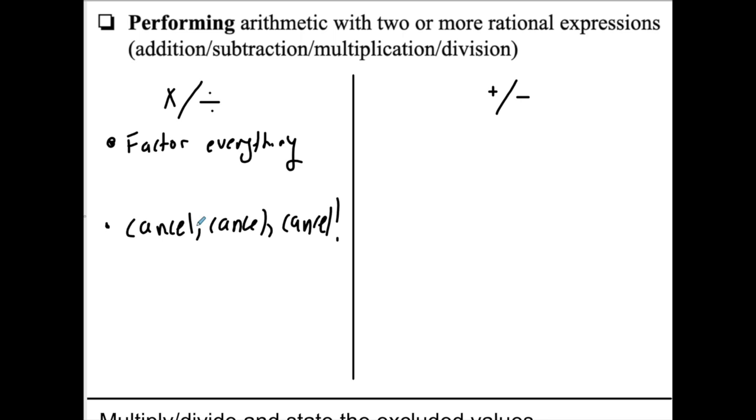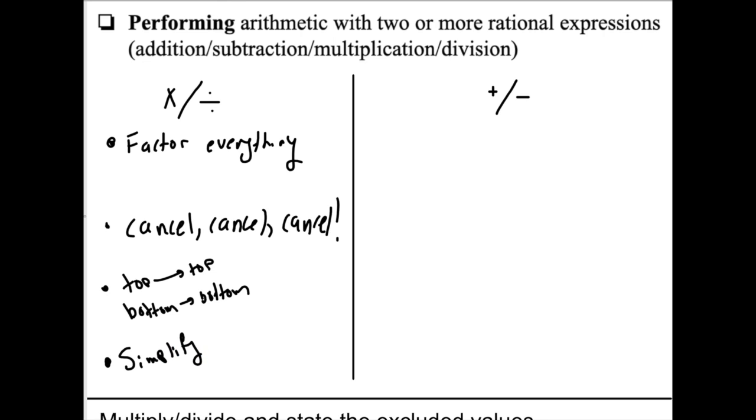If not, then you can't cancel. Then you're going to multiply across the top, and multiply across the bottom, bottom to bottom. That's going to get you your new quotient, and then you will simplify as needed.